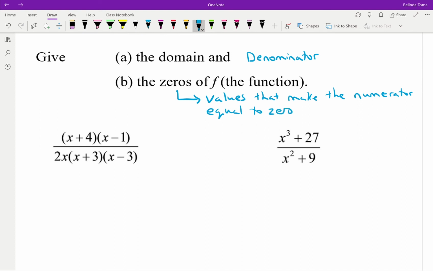The domain is going to restrict whatever makes the denominator 0.